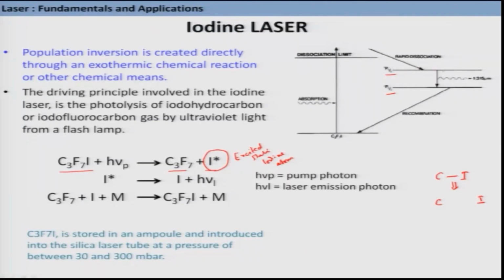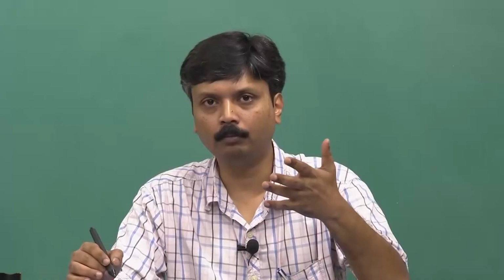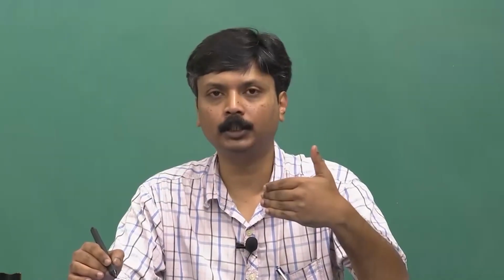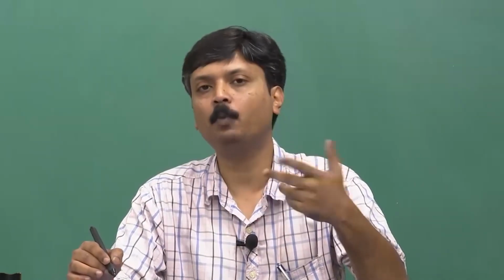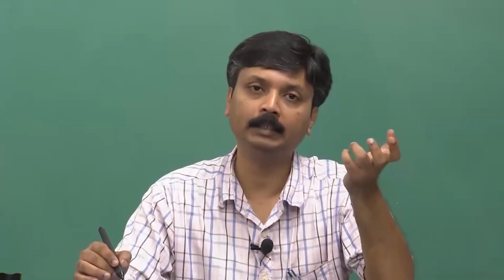You cannot control how much P1/2 or P3/2 will be produced, but different molecules will produce iodine atoms from C-I bond dissociation with different quantum yields. So you choose a particular molecule which has a very high quantum yield for I star.